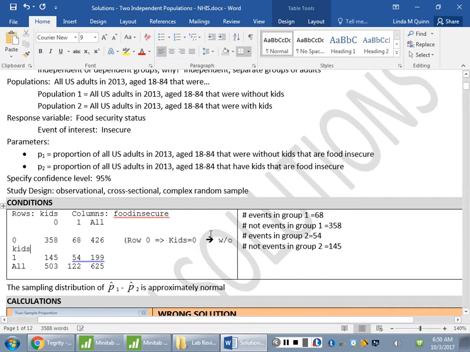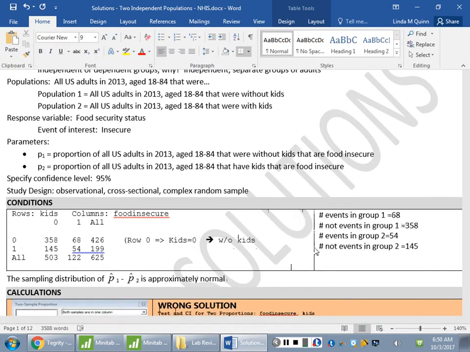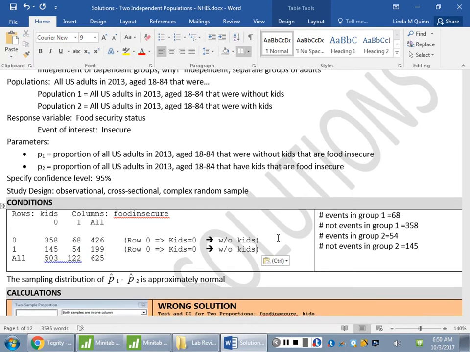And similarly, for the second one, row 1, it's kids equal 1, and that would be with kids. The other thing I want to point out is that our event of interest is column 1, which is food insecure. So let me just highlight that here for us.